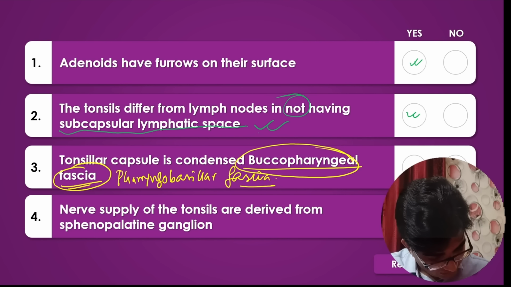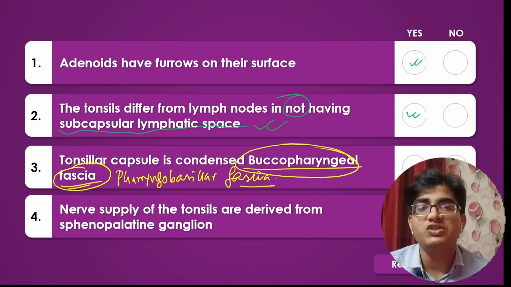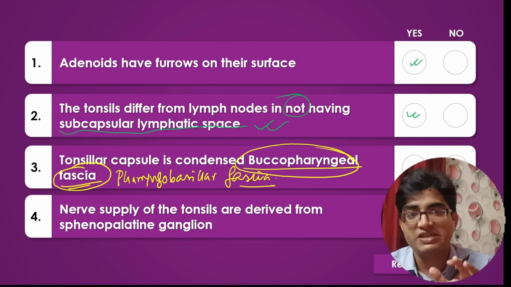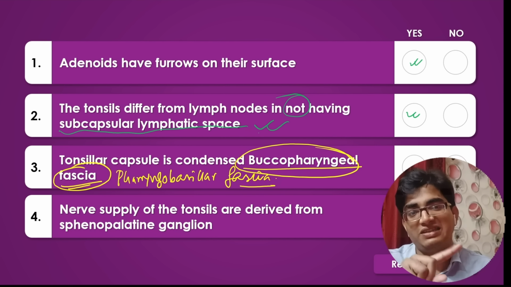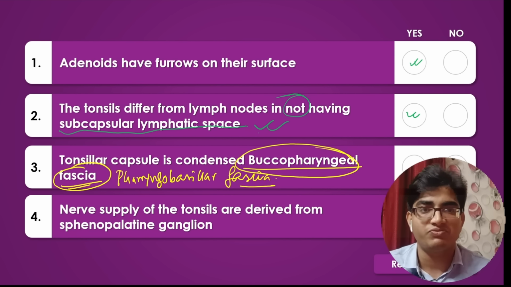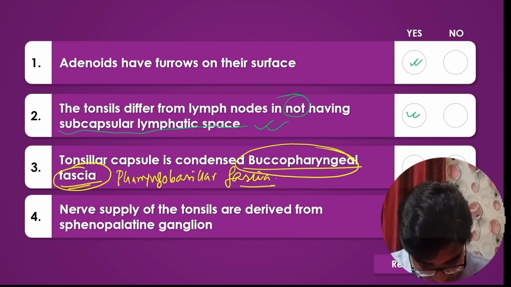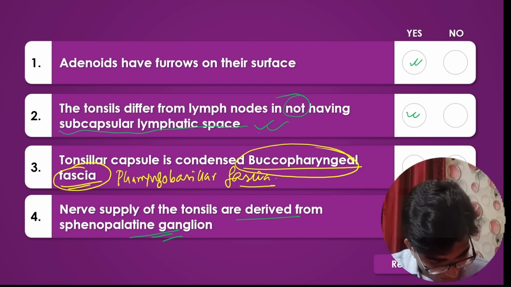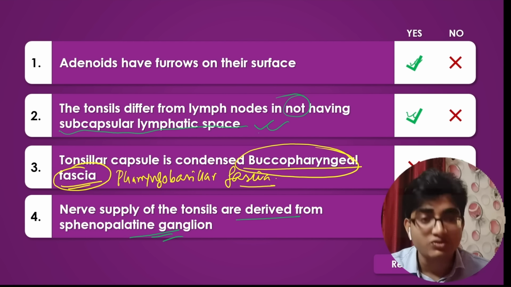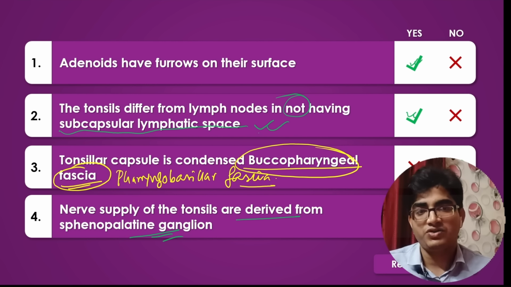That's why I have actually selected this question, to just emphasize on that point that yes, in that video I had given a correction note for this very point. Okay, lastly, nerve supply of the tonsils are derived from the sphenopalatine ganglion. Yes, obviously it is true. Correct? So that is the point to discuss.